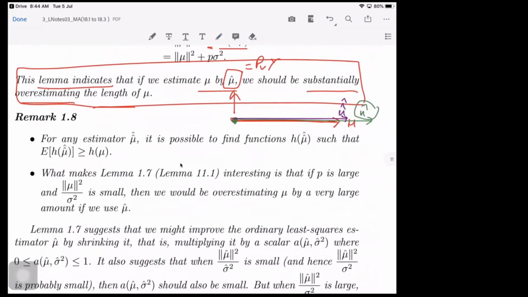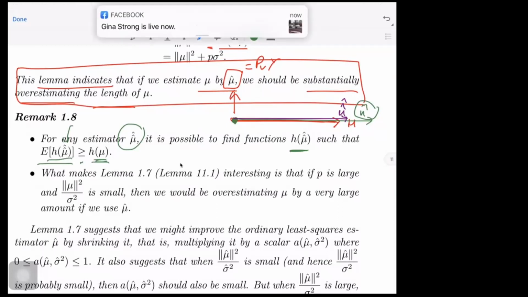So for any estimator, say, mao na imong i-propose mu hat hat, it is possible to find a function of mu hat hat such that the expected value of that function of mu hat hat will be greater than a function on mu. So, mas dako gyapon ang expected value than or equal. Kung makuha niya, unbiased siya, it will be equal to a function of mu.